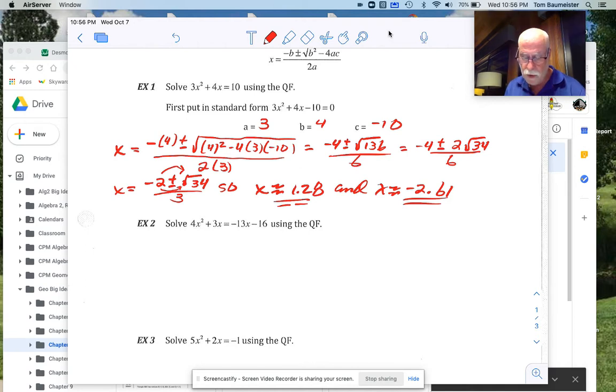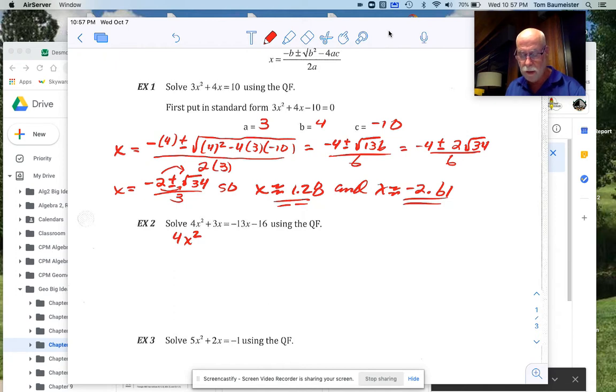Second one, solve 4x squared plus 3x equals negative 13x minus 16 using the quadratic formula. So again, I'm going to put everything on one side. So 4x squared, well, plus 3x. I'm going to bring the negative 13x over to the other side, so it's going to become positive.